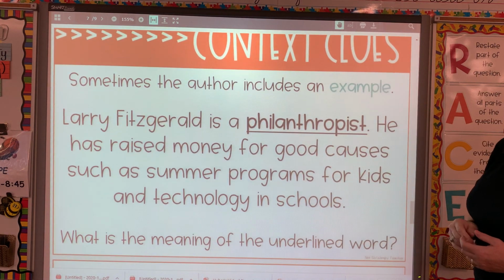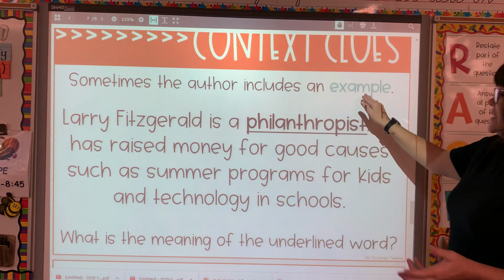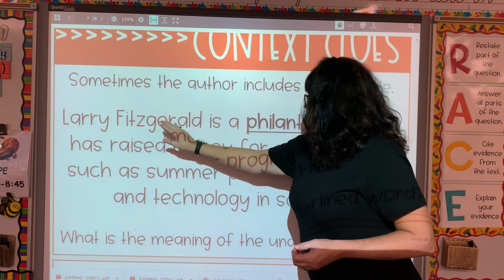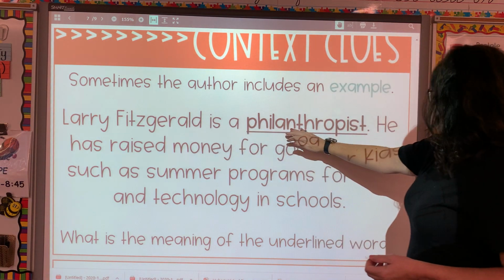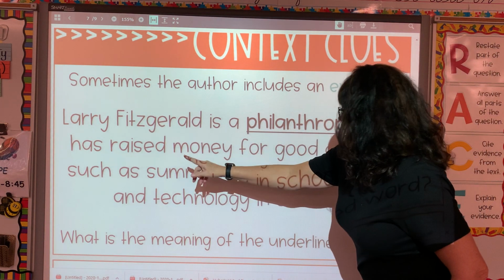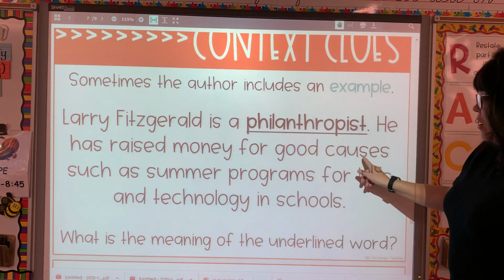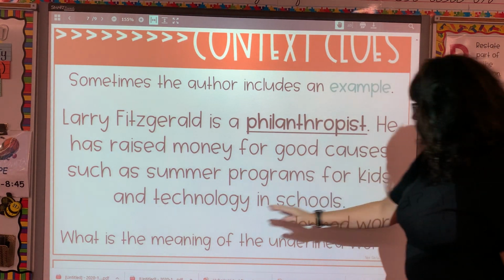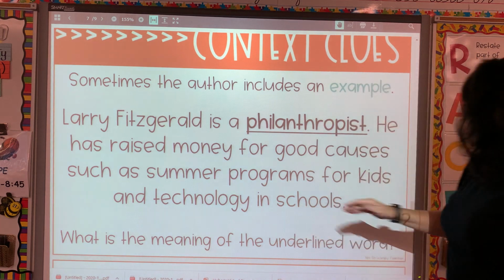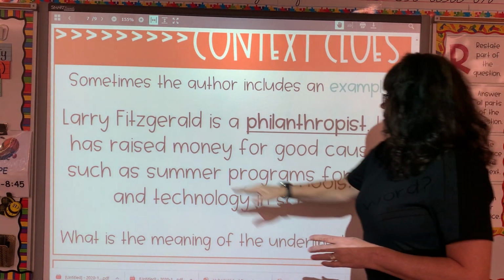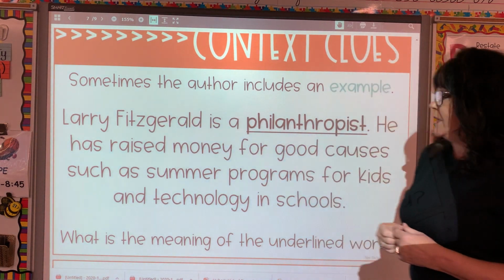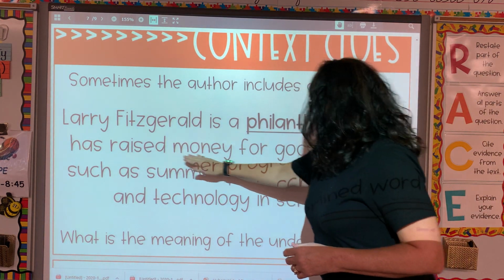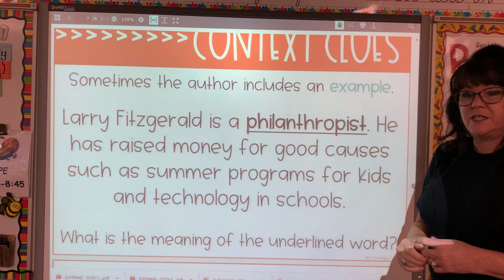All right. Sometimes the author includes an example. Here's another huge word. Larry Fitzgerald is a blank. He has raised money for good causes such as summer programs for kids and technology in schools. All right, so he does something. An example of what he does is he raises money for good causes.